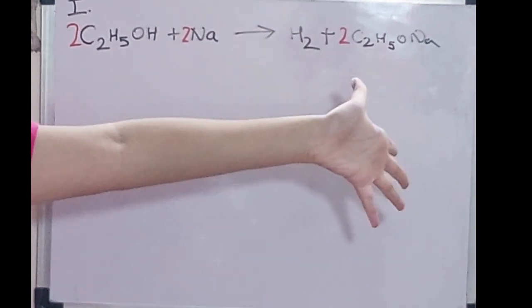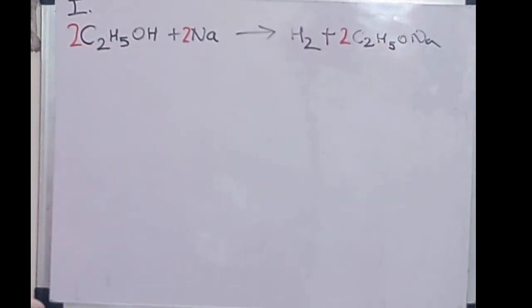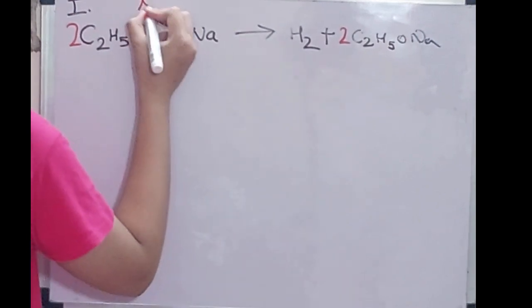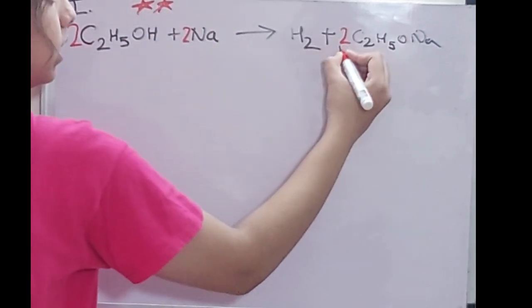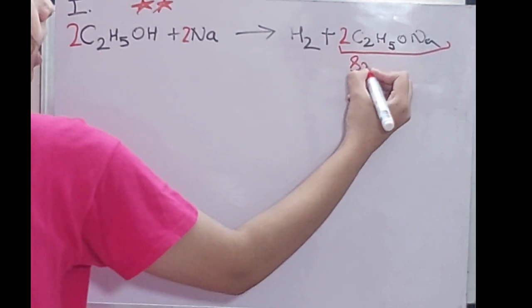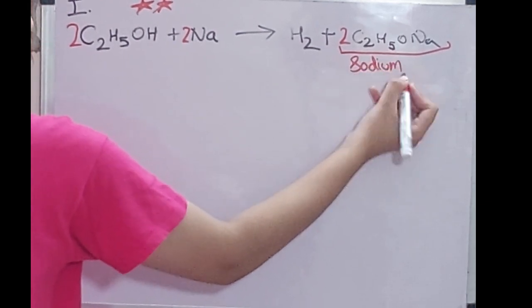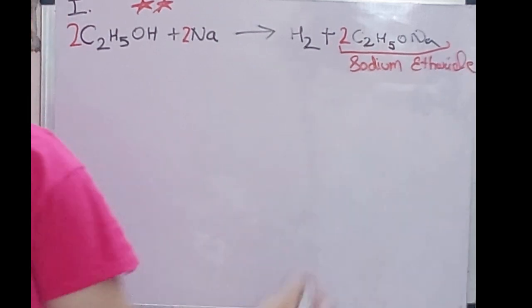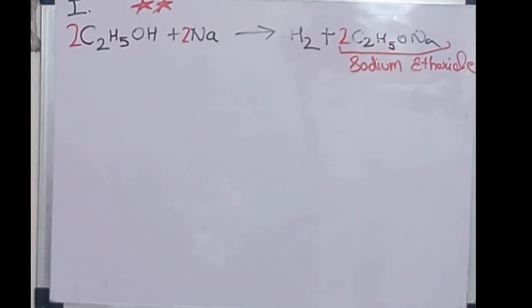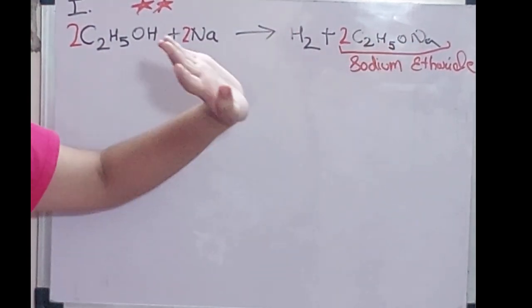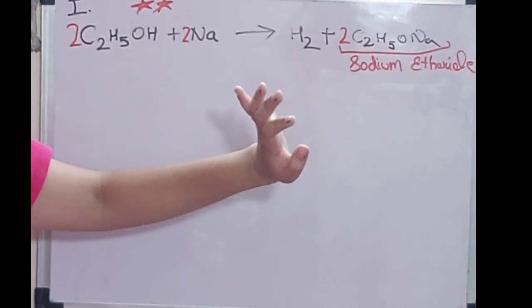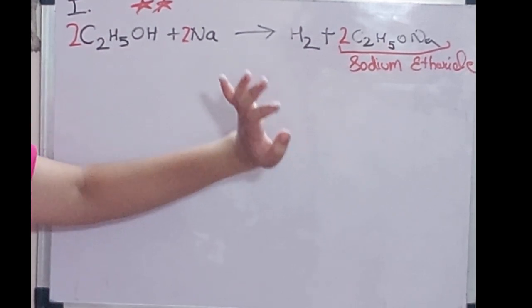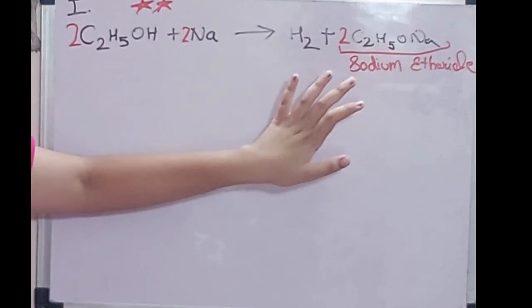and a metal oxide, let's say. Basically this example is star pointed, and the name of this compound is sodium ethoxide. You know how I remember this name? Sodium, तो सोडियम आएगा ही आएगा. Sodium, so sodium will come as it is.